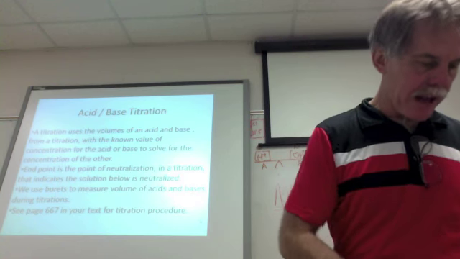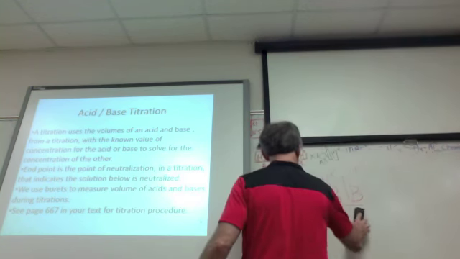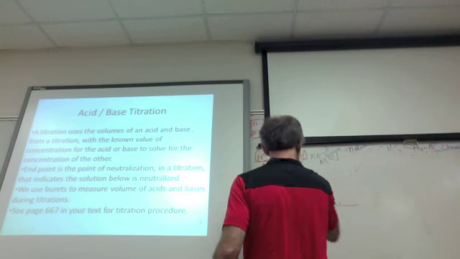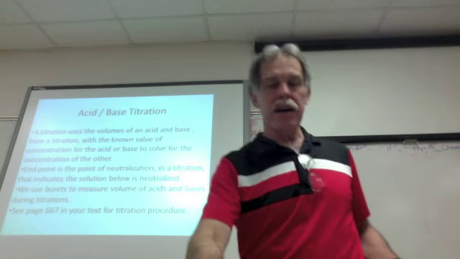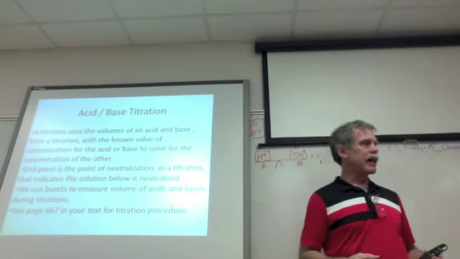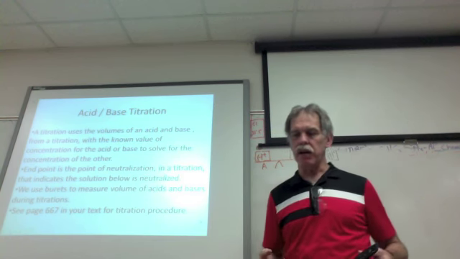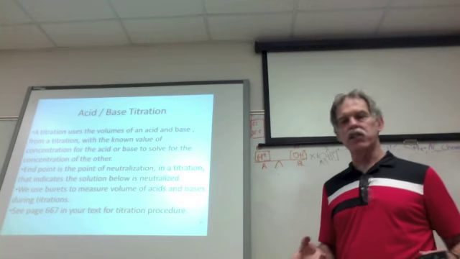So next, we talk about salt hydrolysis. This actually can be a fairly complicated topic. I remember in college it was one of the more complicated topics in chemistry, but we can simplify it.